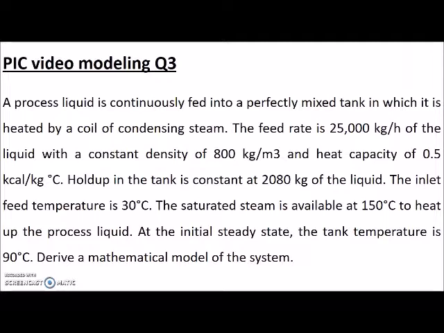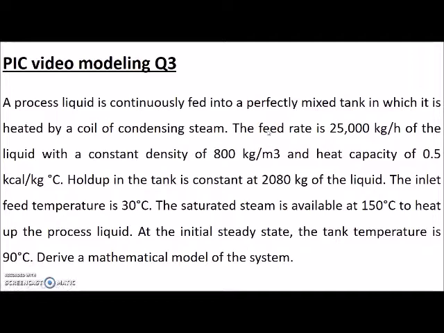Hi, good evening. I am Nida Hong from Chemical Engineering Group 3, and now I would like to discuss how I solved the question from the PIC video modeling question number 3. So here is the problem statement. A processed liquid is continuously fed into a perfectly mixed tank in which it is heated by a coil of condensing steam.